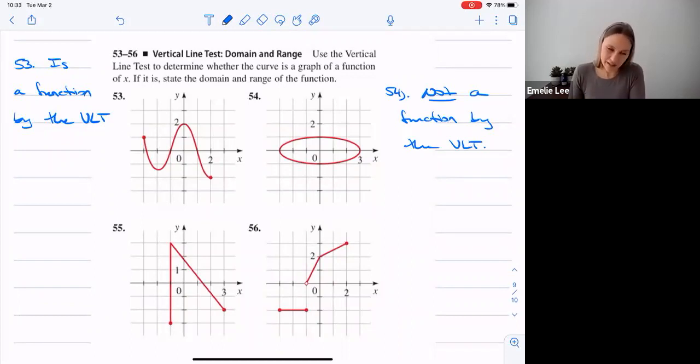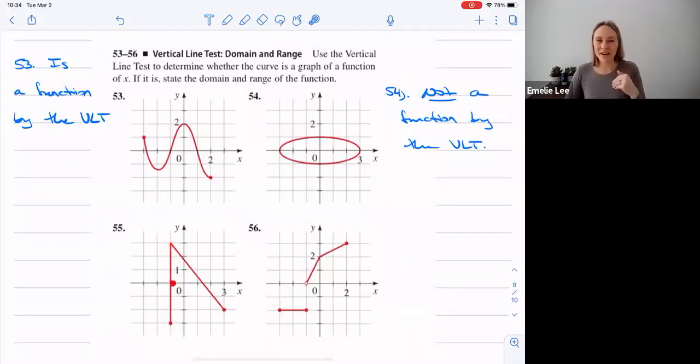Okay, the one that I want to really show you here is that even though they look like a function, I want you to be fooled, because in fact here at x equals -1, you have this whole range of outputs, right?